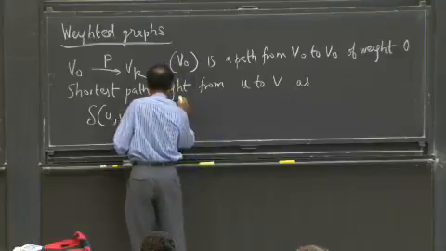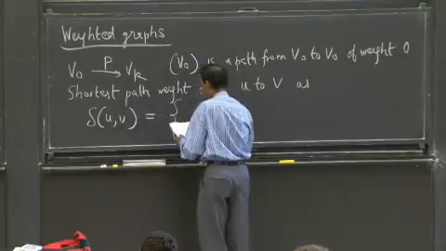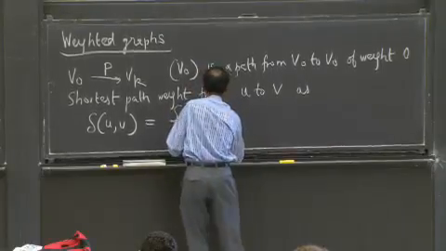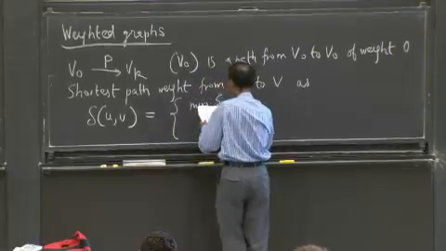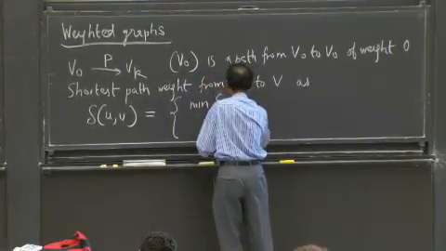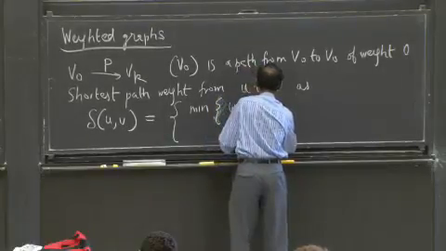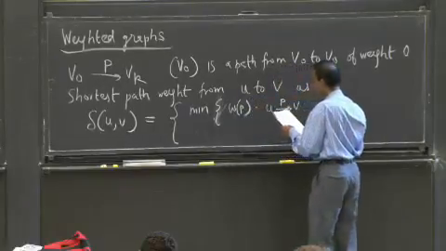And in particular, what we want is delta uv to be the minimum over all the paths wp such that p is in fact a path from u to v.